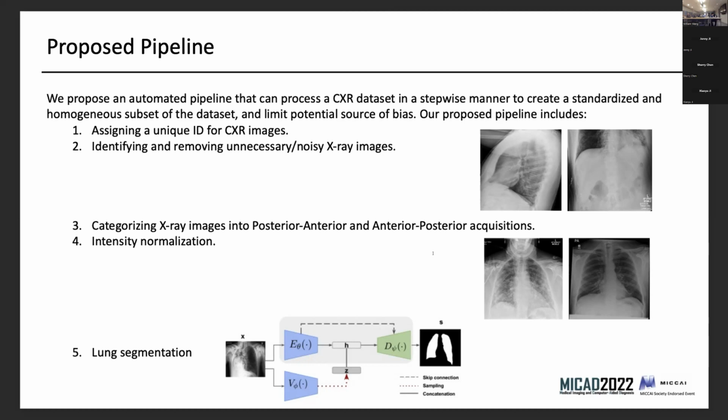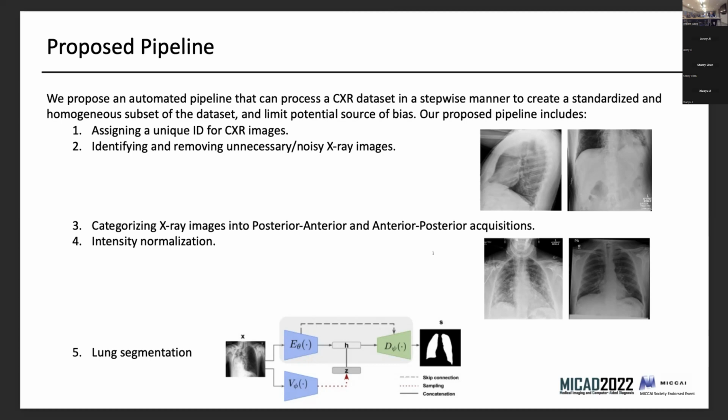There are also several other kinds of scans, which are lateral, for example, when the patient is standing like this. Or sometimes the scan would include the abdomen as well, because the doctor wanted to see whether there's something wrong there, as there were some COVID-related symptoms in the abdomen.